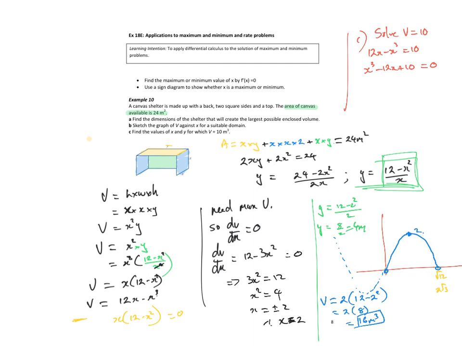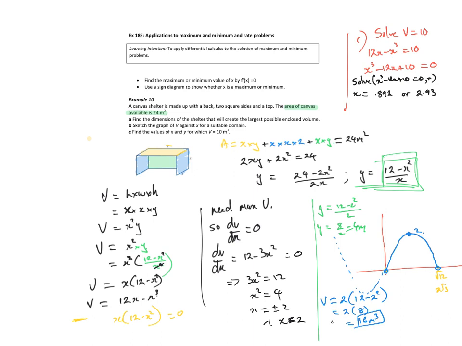If I type into my CAS, solve x cubed minus 12x plus 10 equal to 0 for x, I'm going to get x is equal to 0.892 or 2.93. So there are two possible values for that.